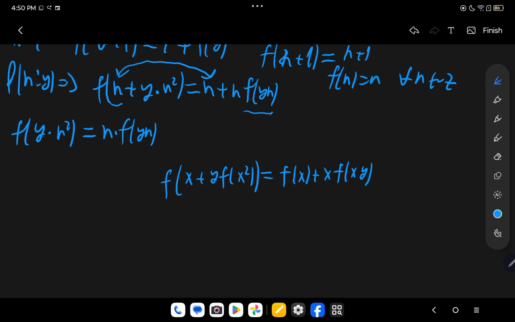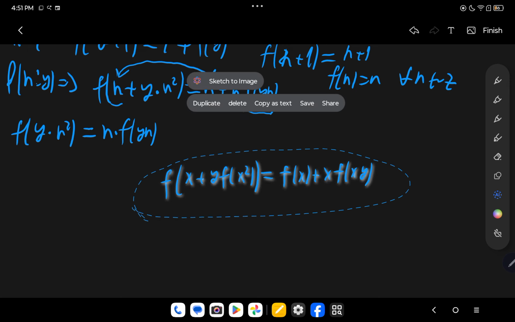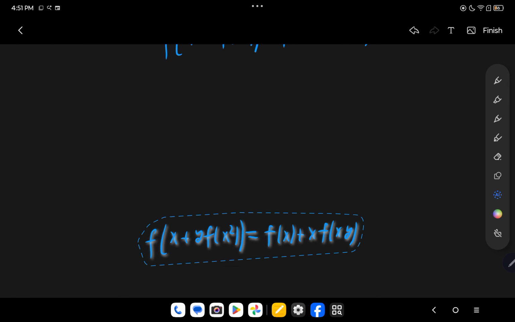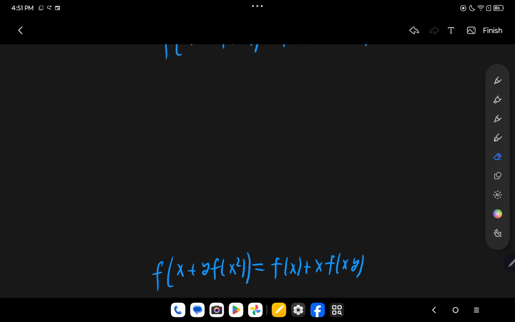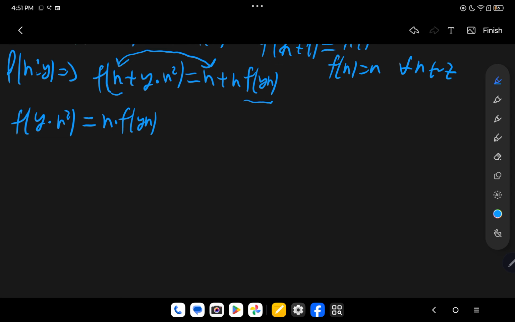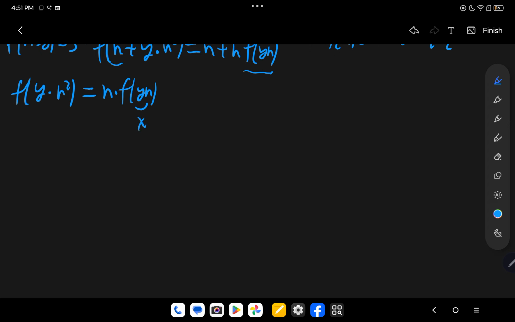And let's copy this down, like this. Now back to the equation. We can call this some x, because this is surjective on real numbers.